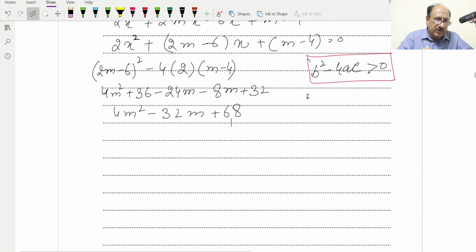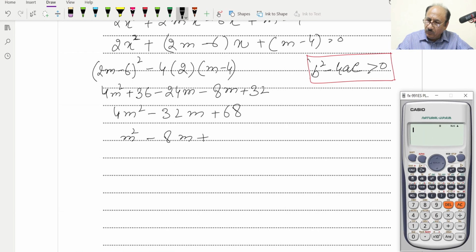So this is basically a quadratic expression, so we can use the completing square method. For completing the square we can just take 4 common first. The remaining will be m squared minus 8m plus 68 divided by 4.